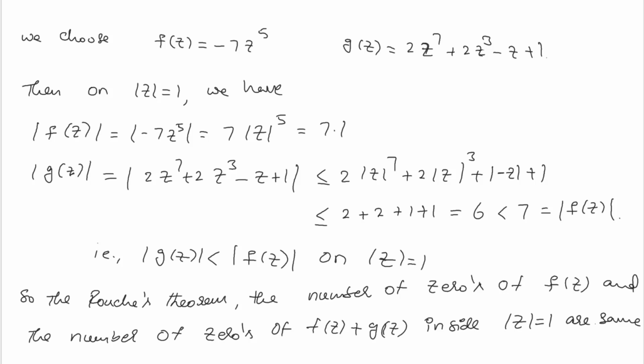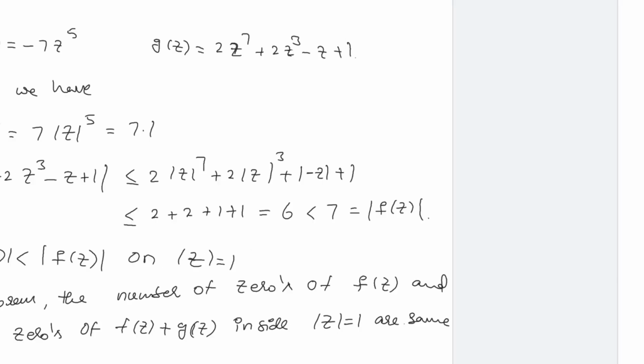For this, now we have to calculate the number of zeros of the function f of z. We have chosen the function f of z as minus 7z to the power of 5, and we can see easily that the zero of this function is the point z equal to 0.